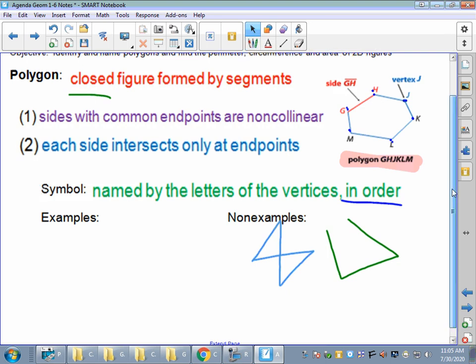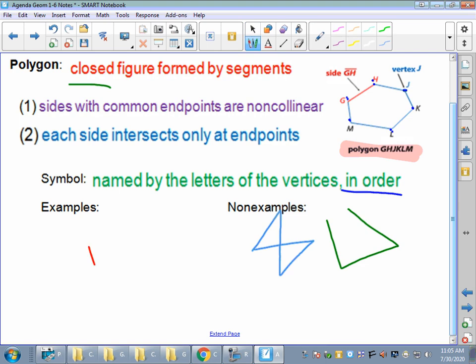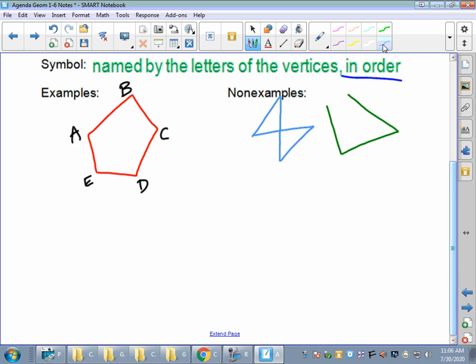So let's say I'm going to draw a 5-sided, whoops, I better draw a closed figure. A 5-sided figure, which hopefully you know what that looks like. I'm going to label that one like this. And I could call that polygon DEABC, or which one's right?